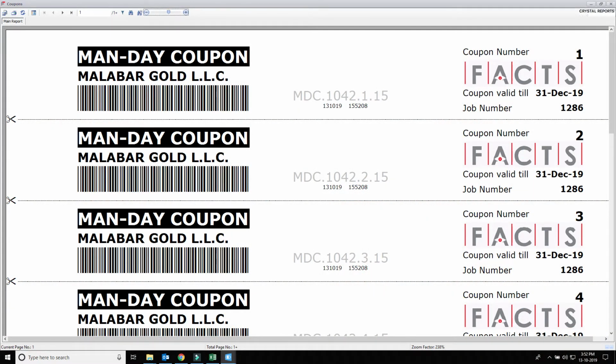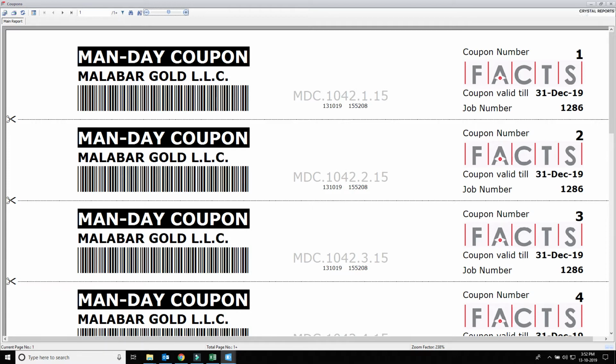issue voucher number, MDC, which is Monday coupon issuance, and there is an individual serial number for each coupon. Each coupon has got a number. Since we are using a software called Fax ERP, the system is capable of printing a barcode for each label with a unique serial number.